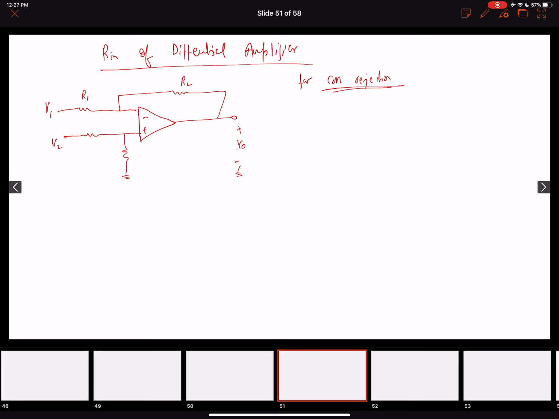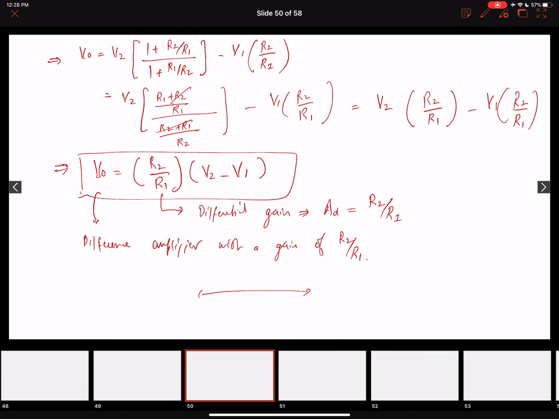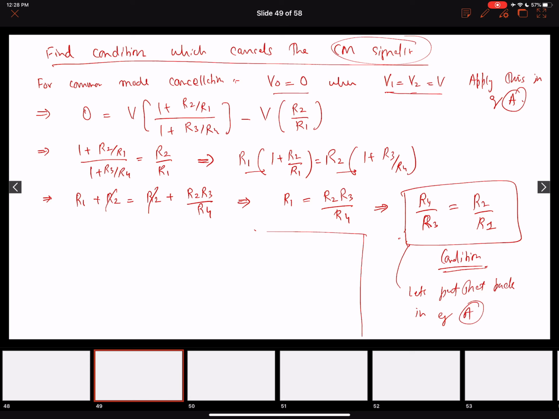Our condition was R2 over R1 should be equal to R3 over R4. Oh, sorry, R4 over R3. Let me confirm that. Yes, R2 over R1 equals R4 over R3.